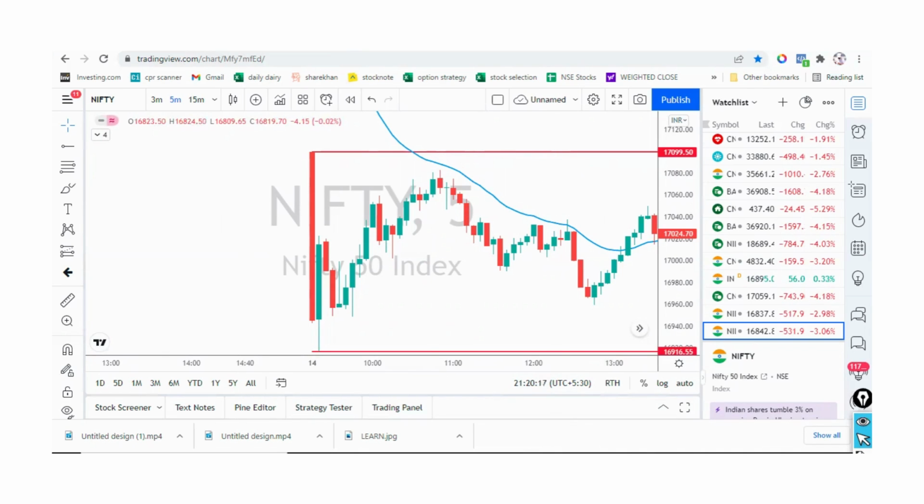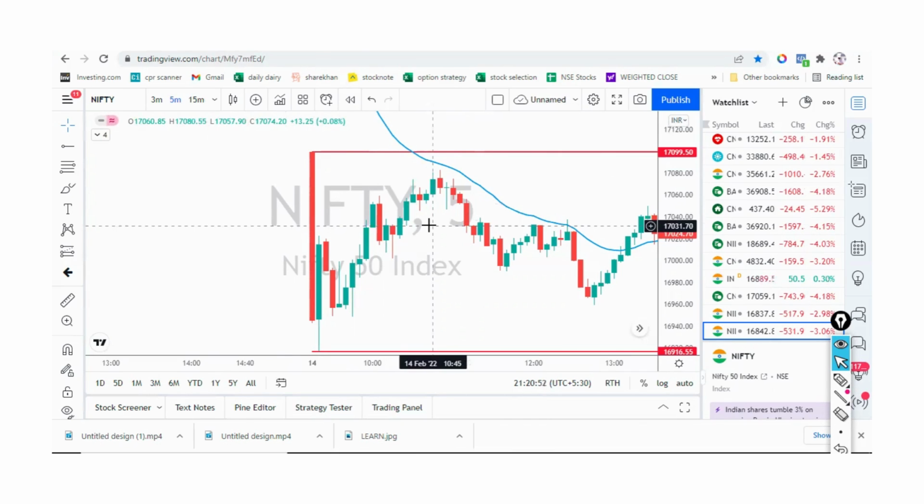Yes, my pencil is open. Now let me check this green candle. What does it say? The green candle high is 17,080, and the low of this candle is 17,058.